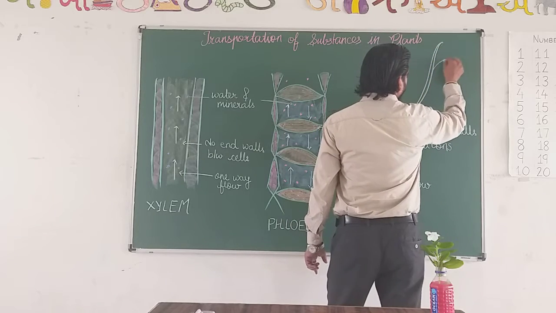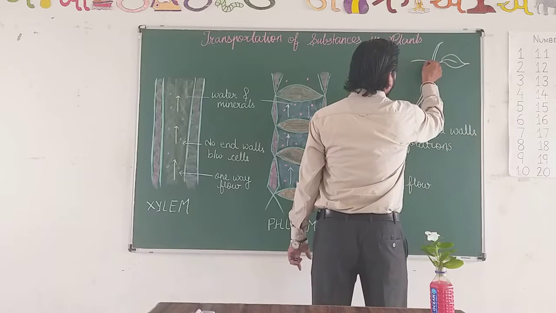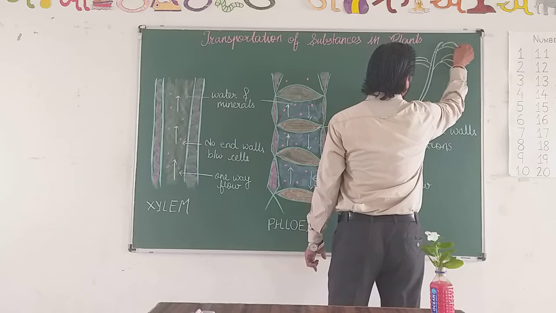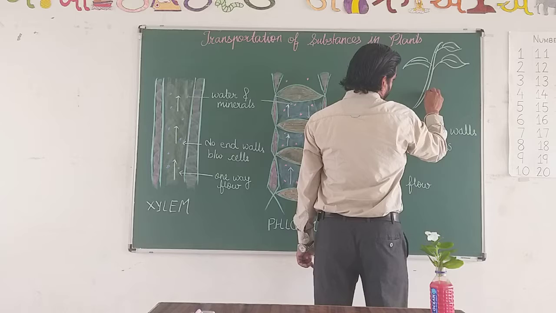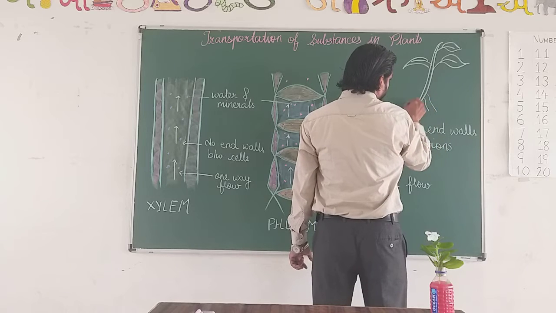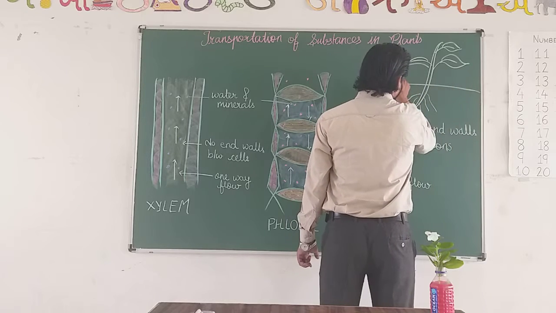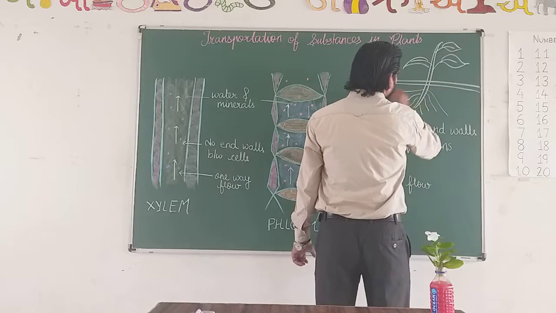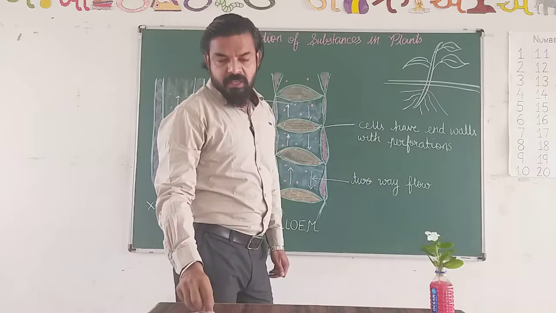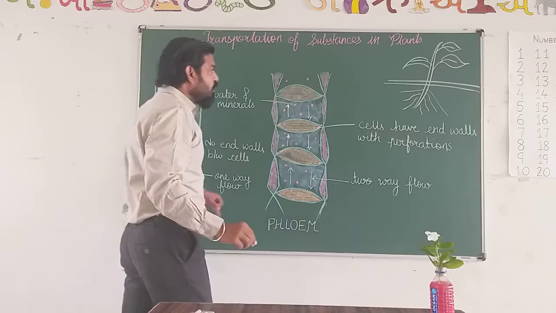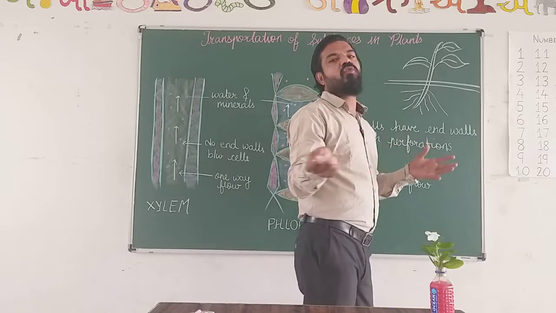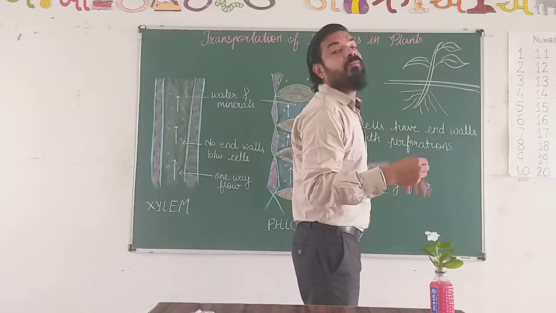Suppose this is a small herb or shrub. Now this is the root. This is the soil, the upper part of the soil. You can see these xylem tissues are present everywhere, also in the root.